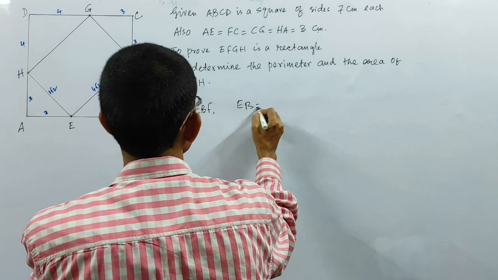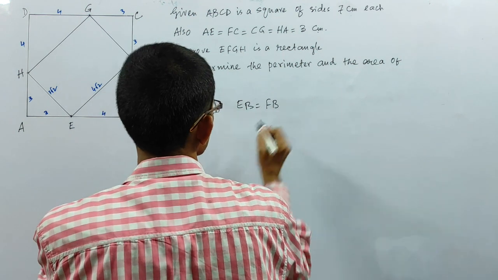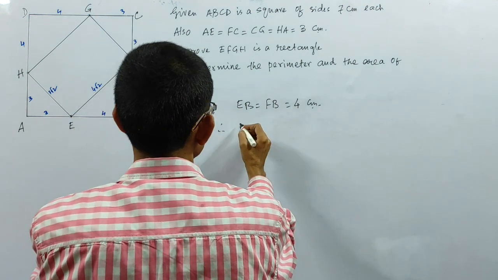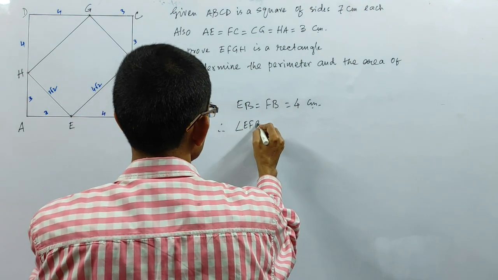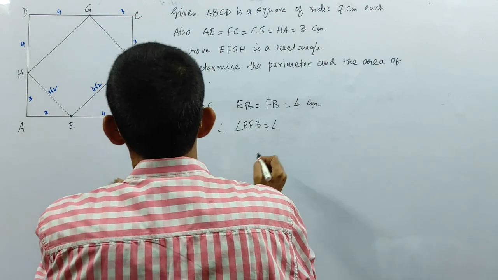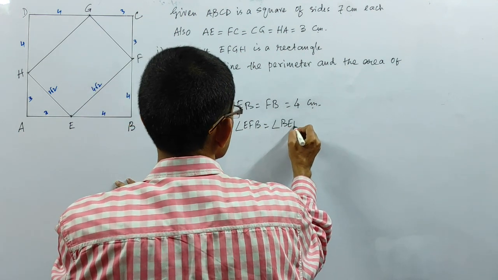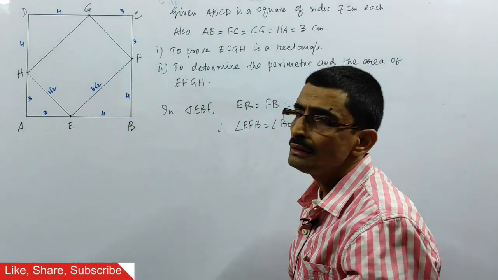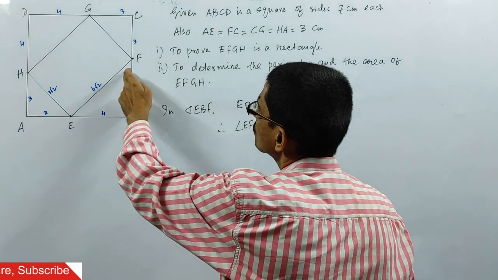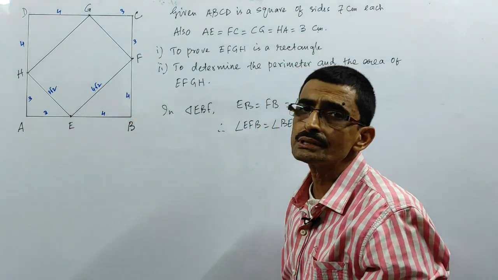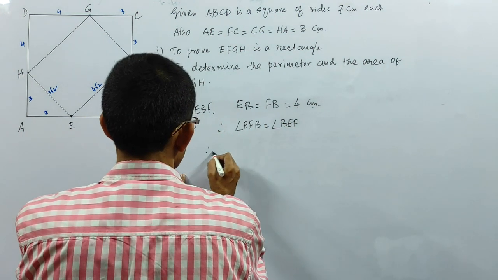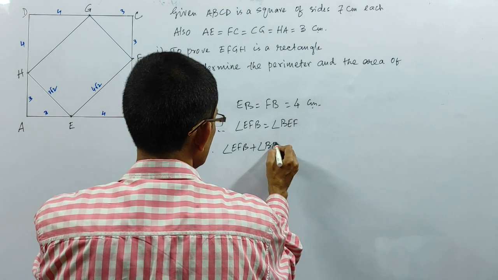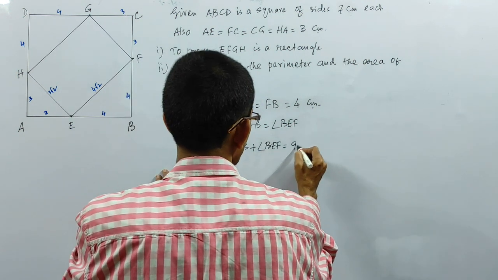In triangle EBF, EB is equal to FB. Therefore, their opposite angles are equal: angle EFB is equal to angle BEF. In any right angle triangle, the sum of the two acute angles is always 90 degree. You can write it as angle EFB plus angle BEF is equal to 90 degree.